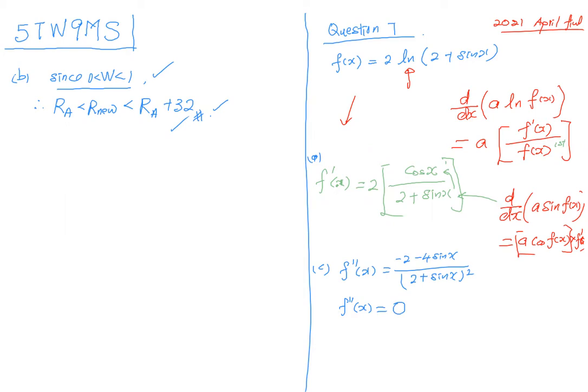So I have negative 2 minus 4 sin x equal to 0. So 4 sin x equal to negative 2, right?